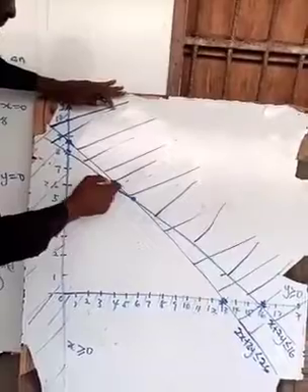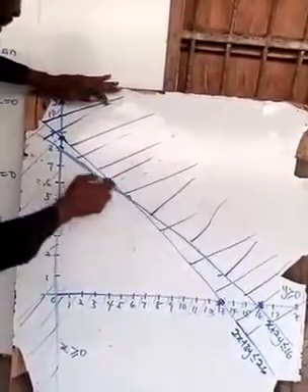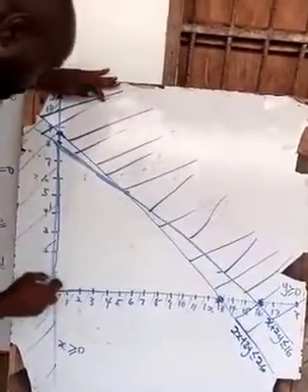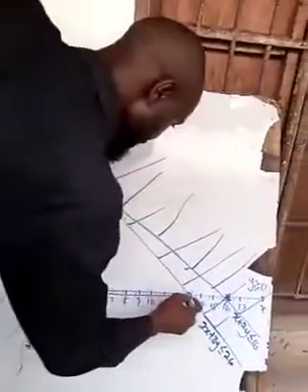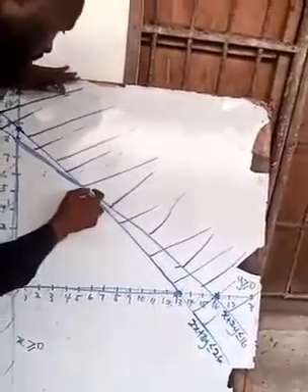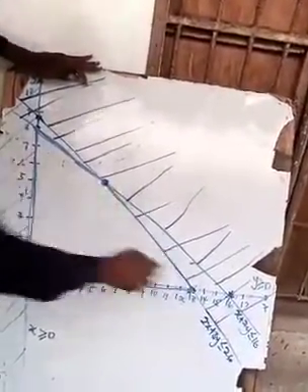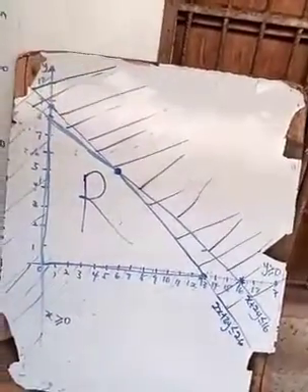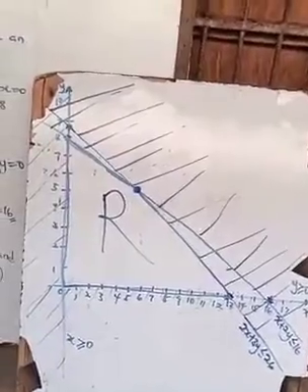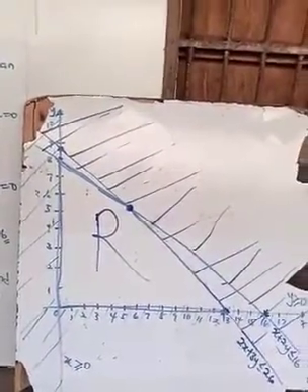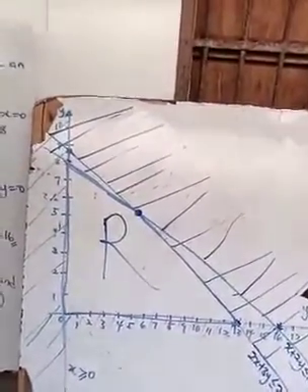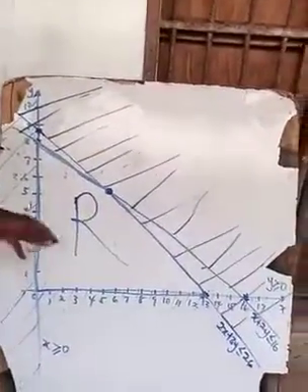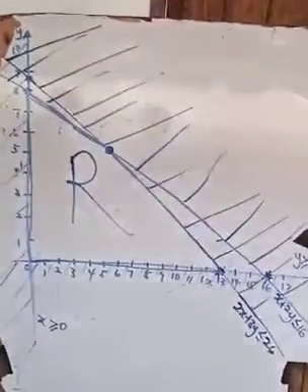So we didn't shade this part, this part, this part, this part. So there is a quadrilateral. This part that was not shaded represents the region R. That means this is where you are going to find the solution to all these inequalities. So the region R represents the solution of the inequalities.